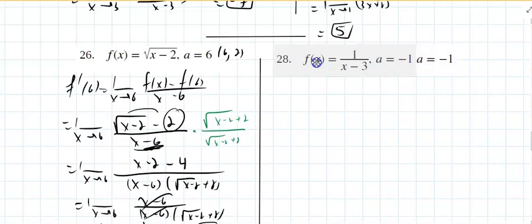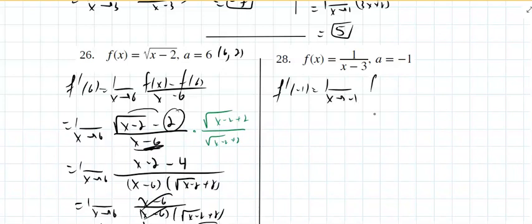And for the rational function, if I want to find f prime at -1, that's the limit as x approaches -1 of f of x minus f of -1 over x minus -1.